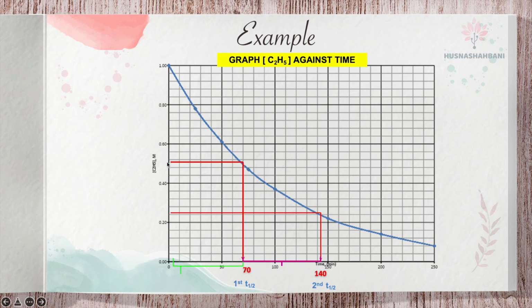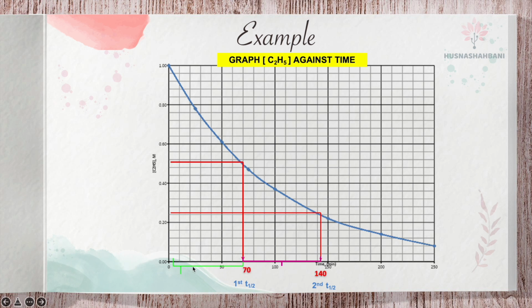And then the second half-life is half of the 0.5. Half of 0.5 is 0.25. So check 0.25, the time taken for the concentration to become 0.25 molar is 140. So the first half-life 70 minutes, second half-life is 140.